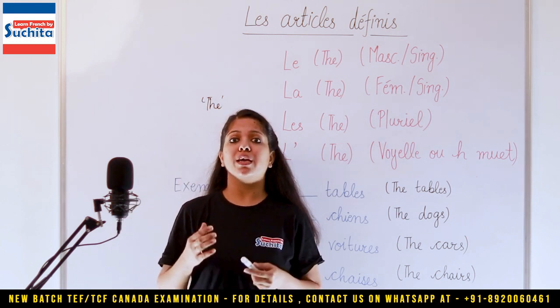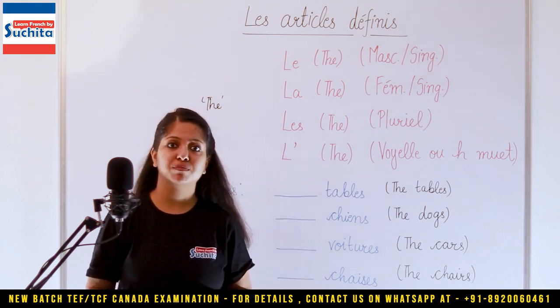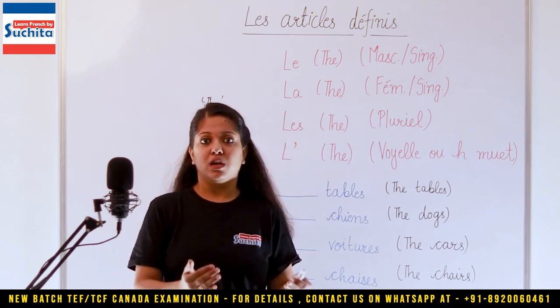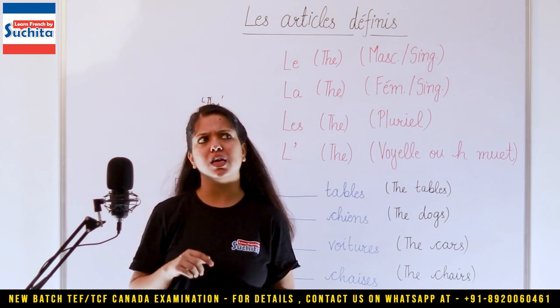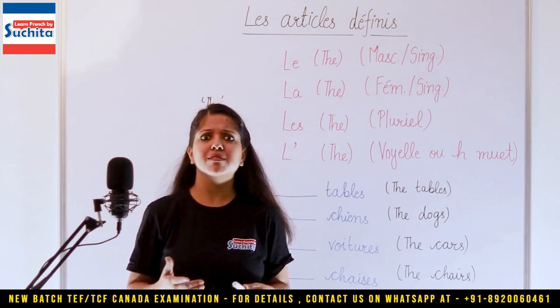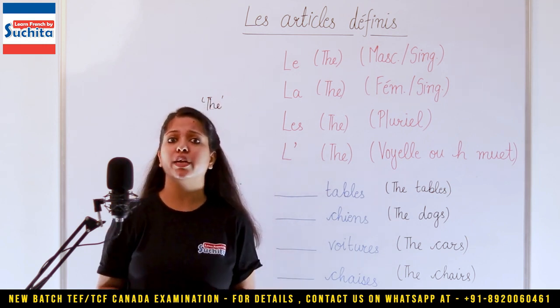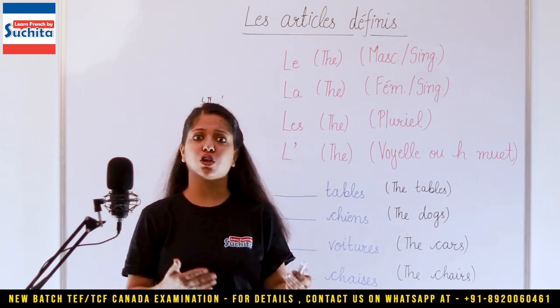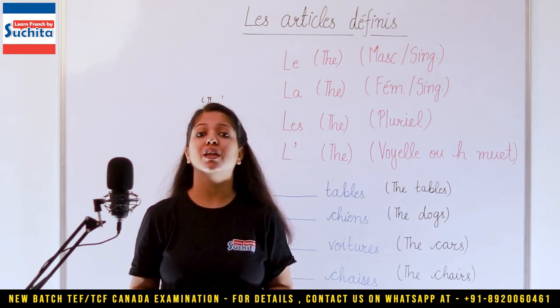The reason is that in English, the words are not gender based. If I say a table, the table, it will never come into your mind that the table is male or female, because it is not. Table, chair, fan, clock, whatever examples I'm giving you, are not feminine, not masculine.